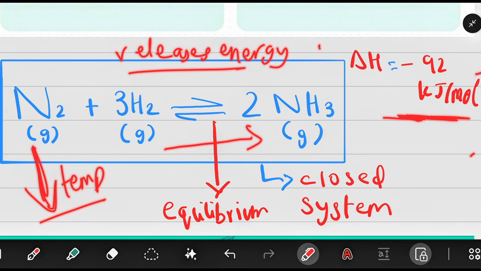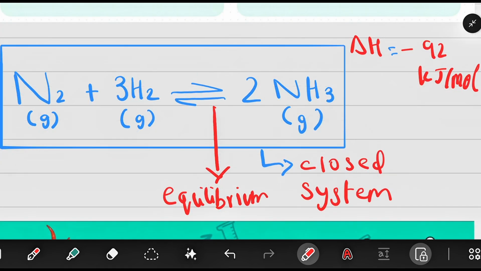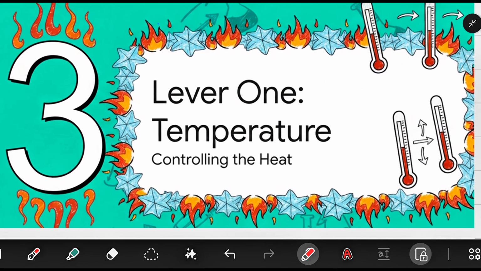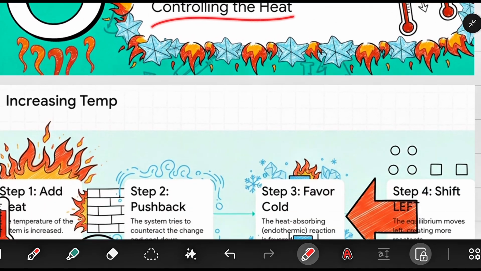Remember that the definition of Le Chatelier's principle tells us that the equilibrium mixture will always try to counteract the change that we do. For example, if we decrease the temperature in this case, the equilibrium mixture will try to increase it back again by favoring the forward reaction, right? This is what happens when we talk about temperature, which is controlling the heat. This is factor 1 of Le Chatelier's principle.